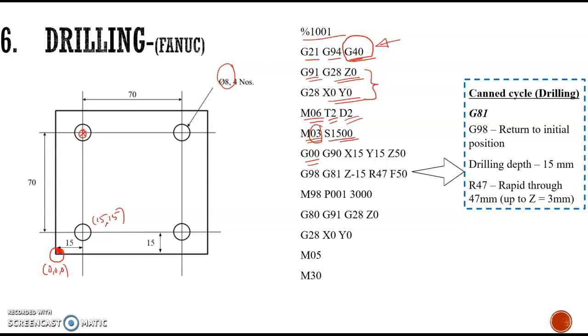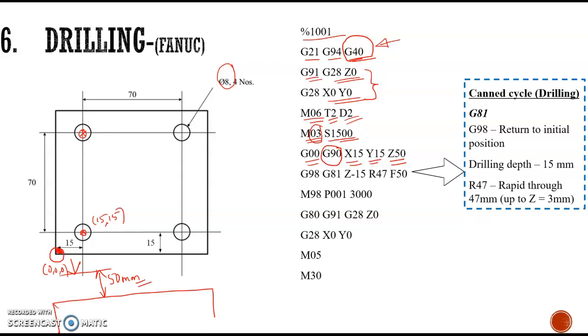Okay, and using G00, again we are changing to the absolute system. Then X15 and Y15 is this position, that is position number 1, the position of the first hole, and Z is 50, that means it will be 50 above the surface of the workpiece. The tool will reach some 50 mm above the surface, so this distance will be 50 mm.